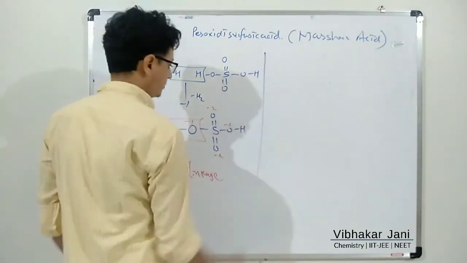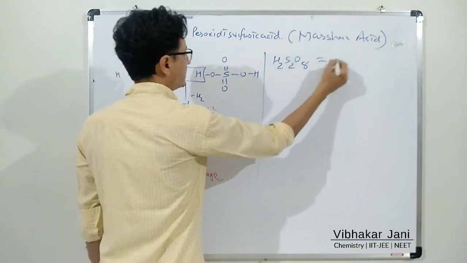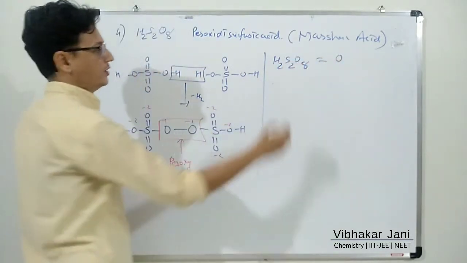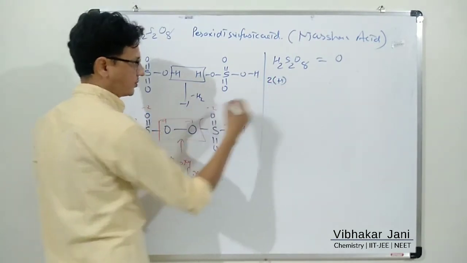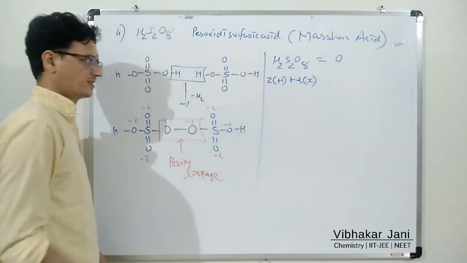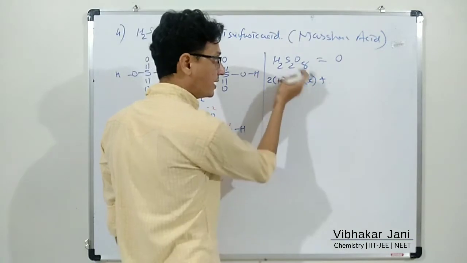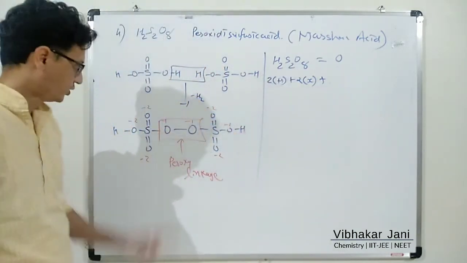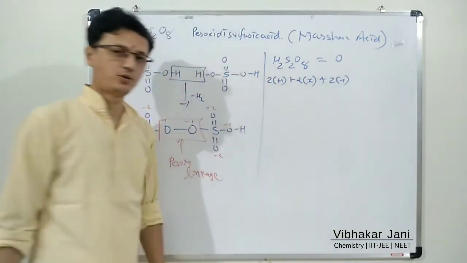Now let us count the oxidation state. H2S2O8 is equal to 0. So 2 multiplied by the hydrogen oxidation state, +1, plus 2 multiplied by sulfur, let us assume X, plus, now all 8 oxygens are not the same. 2 are in -1, that means they are attached with the peroxy linkage.